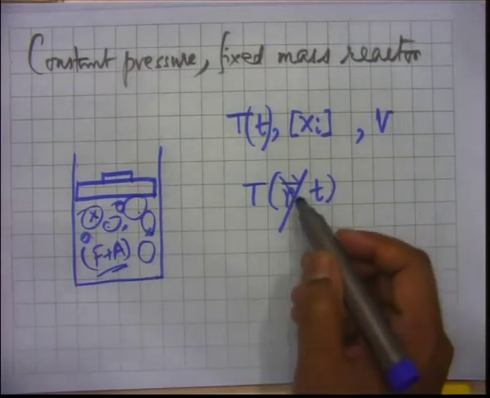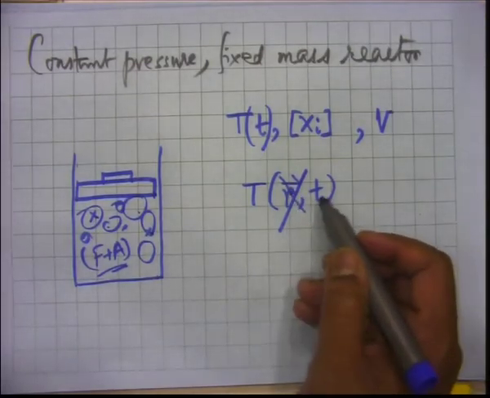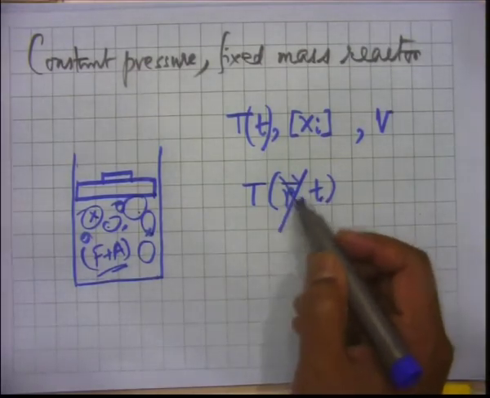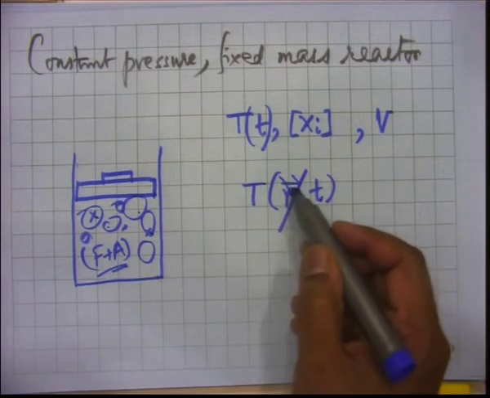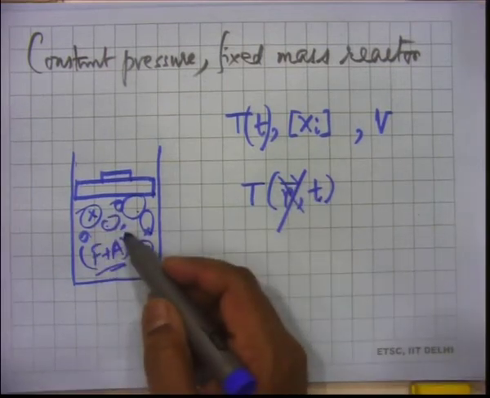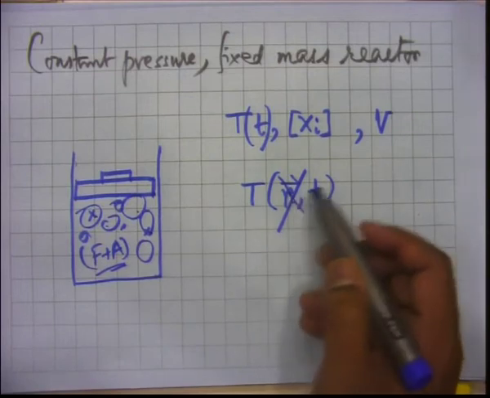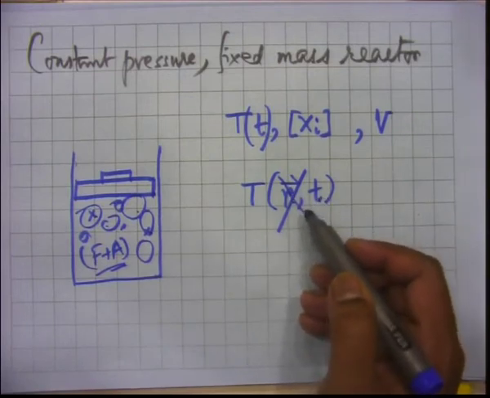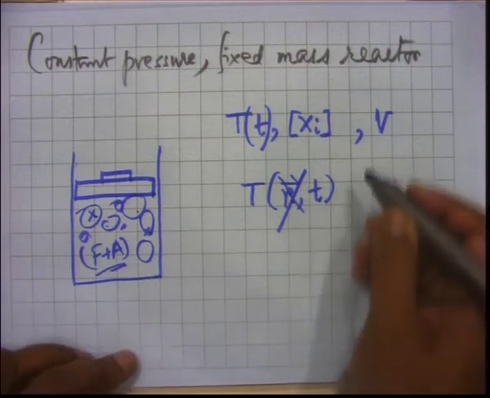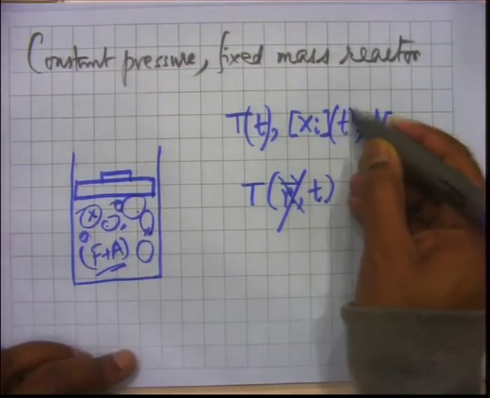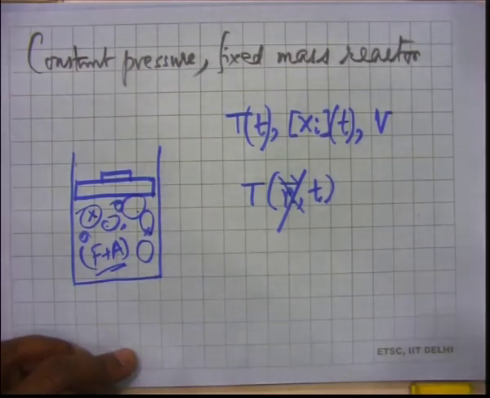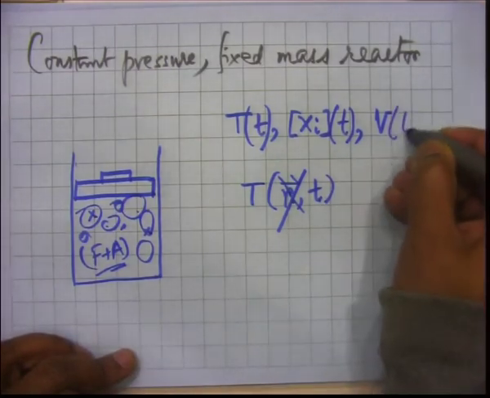We wanted to write in terms of the spatial coordinate and time, and in order to make things simpler, we made this assumption that it's all uniform reaction everywhere. So it's not a function of the spatial coordinate, it's only a function of time. So we do the same thing here. All these concentrations will also be a function of time, and the volume also will be a function of time.